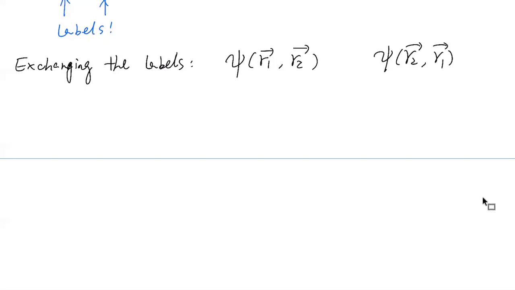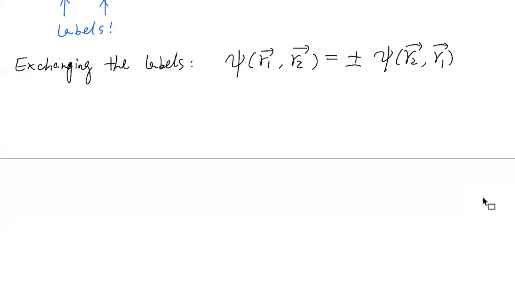So that means psi R1, R2 should be equal to either you don't have any change when you do this switch of the label, or you have a minus sign in front of psi. That's a very simple situation. We're not talking about the intrinsic phase factor here. We're just talking about what happened when you have already written down a wave function, and now you exchange the label between 1 and 2.